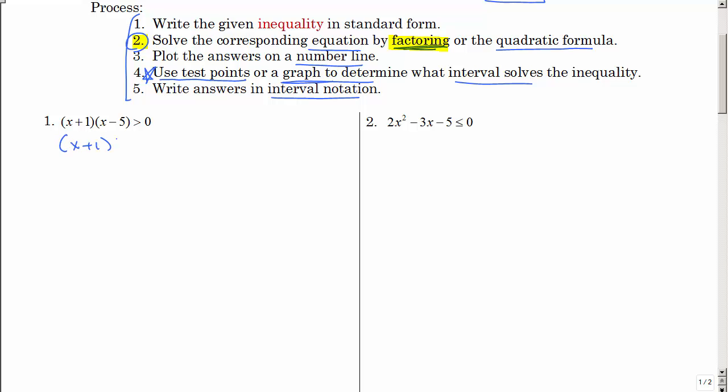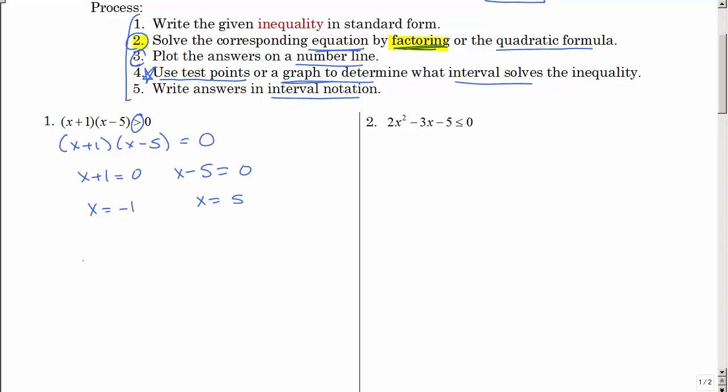So really, we're going to look at this as an equal sign. We're going to take this inequality at the very last step. So we're going to solve it as an equation. So when I solve by factoring, I set each factor equal to 0 and solve for x.